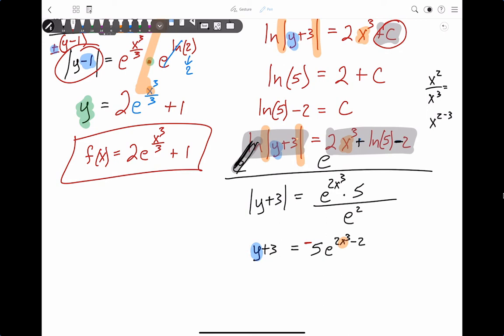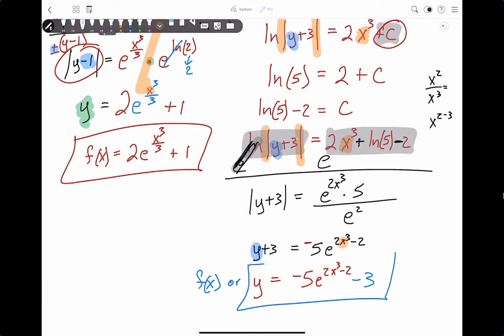I'm going to get y all by itself by subtracting this 3 to the right side, so that I would get something that looks like the following. All of this minus 3. Whoops. And this is our answer, or you could say f of x, however you want to write it. But needless to say, this is our answer here that satisfies our initial condition.